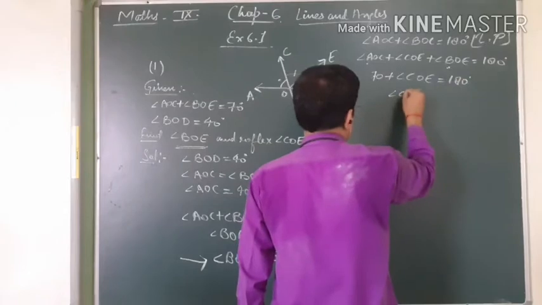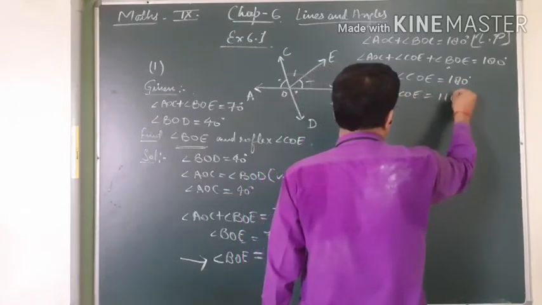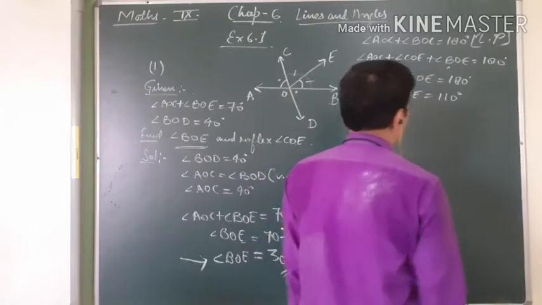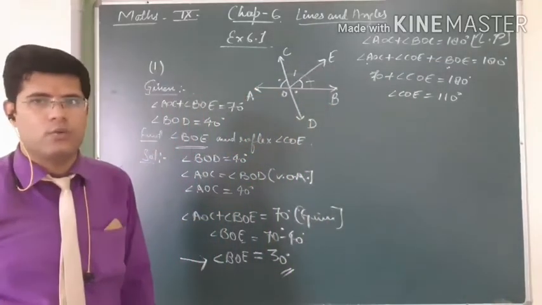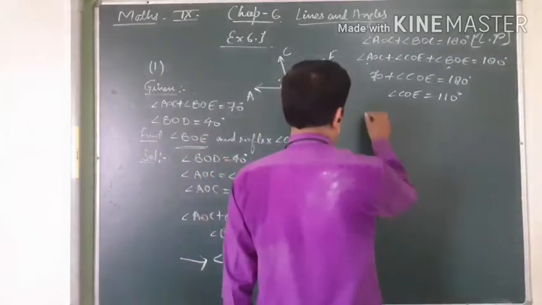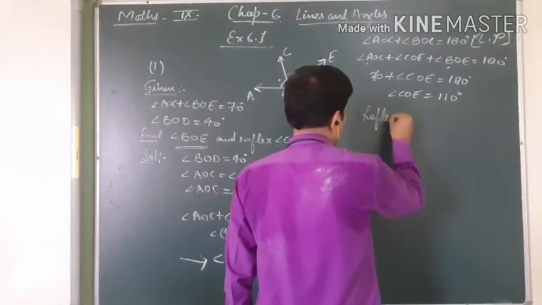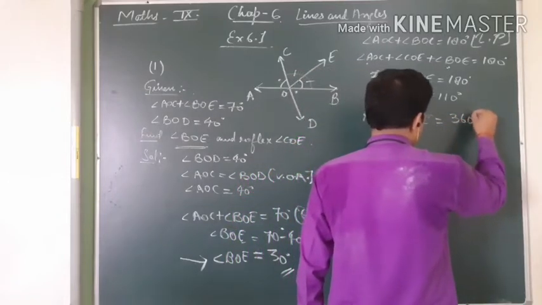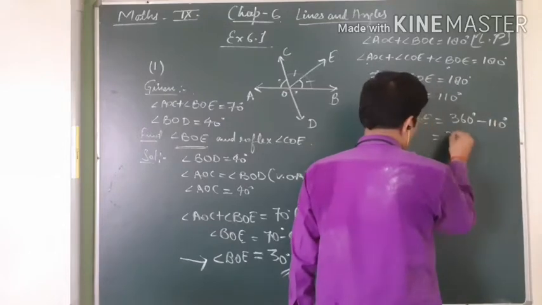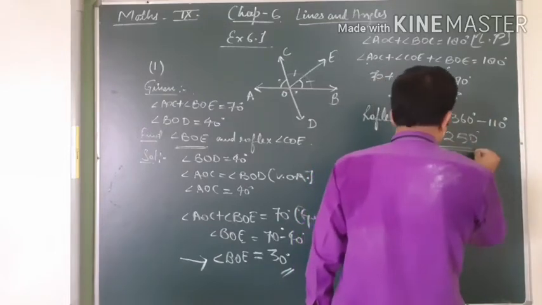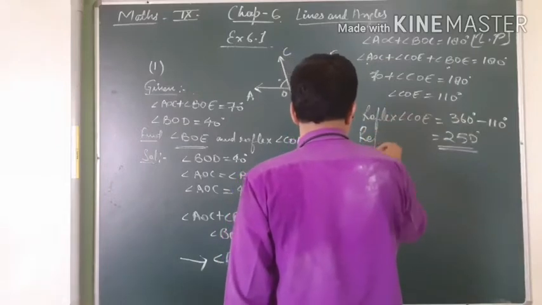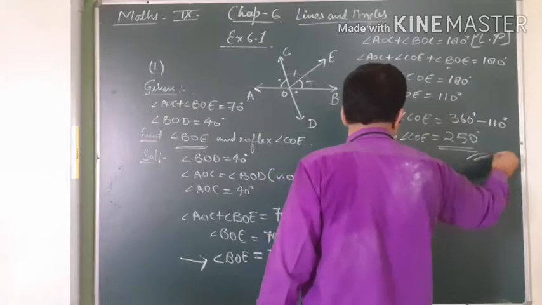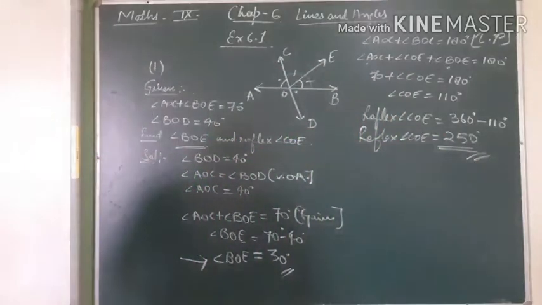Now angle COE is equal to 110 degree, by transposing the 70, which must be subtracted from 180, and 110 remains. So angle COE is equal to 110. After that we have to find the reflex. How do we find the reflex of angle COE? Subtract 110 from 360. What will it be? 250. So this one is our second part, reflex of angle COE.